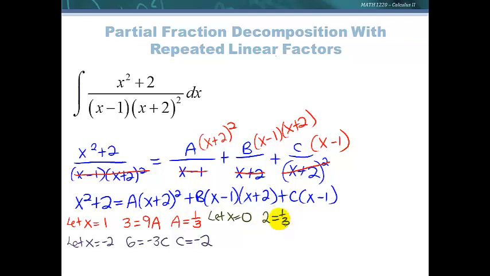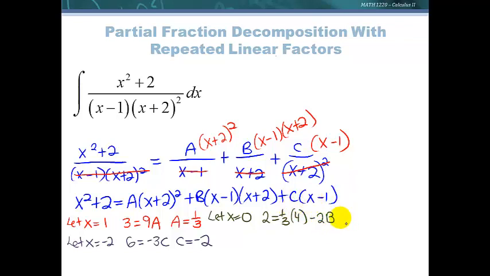I put in the 1/3 for the a, putting a 0 here, 2 squared is 4, so this will be times 4, plus putting 0 here and 0 here, I'll have negative 1 plus 2, so that's going to be negative 2. So this will be negative 2b.